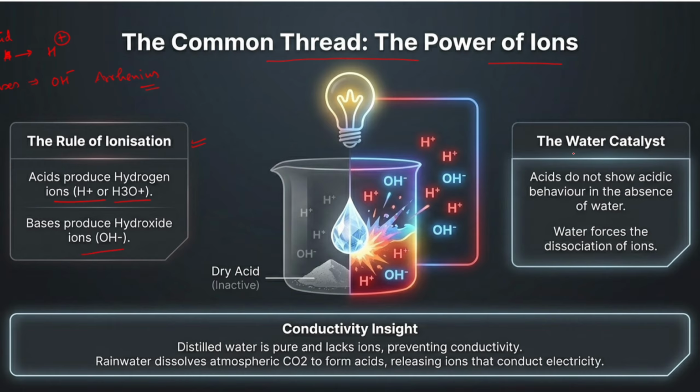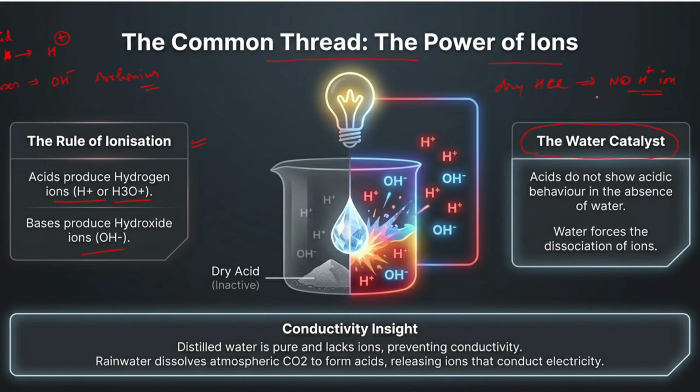In this case, water is the main factor. Water is the catalyst, because if an acid is in its dry form, like dry HCl, it has no H+ ion. Why does it have no H+ ion? Because it is dry. So what will be the effect of dry HCl on litmus paper?